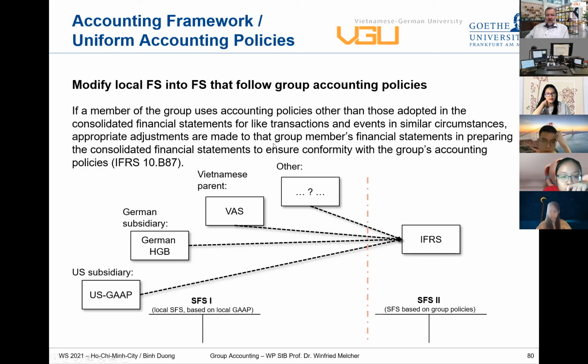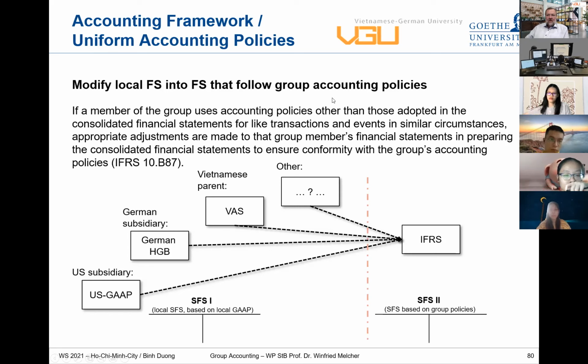So that is the problem here, and the standard says in IFRS 10 B87, well, the local single financial statements have to be transformed using the group accounting policies.